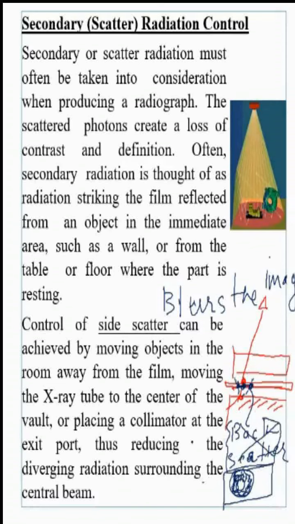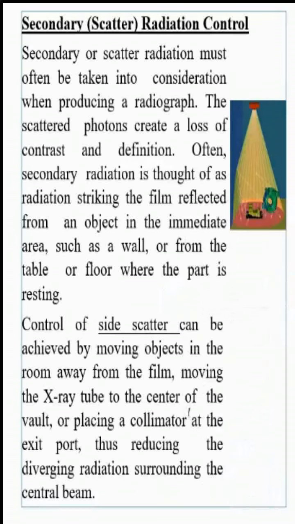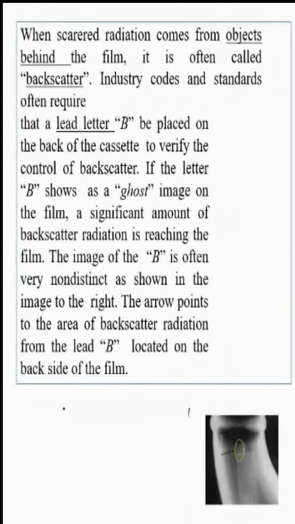Now, how should we avoid backscatter? We don't have any control over backscatter because radiation is giving us backscatter. So if we don't have any control over radiation, how do we control the backscatter? What the system does is this. This is your job.